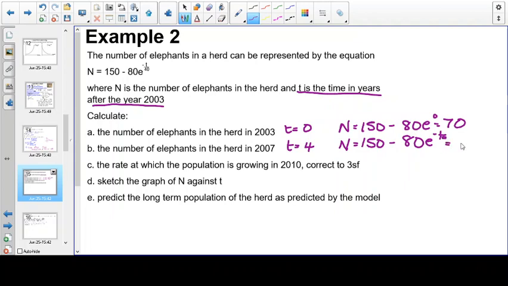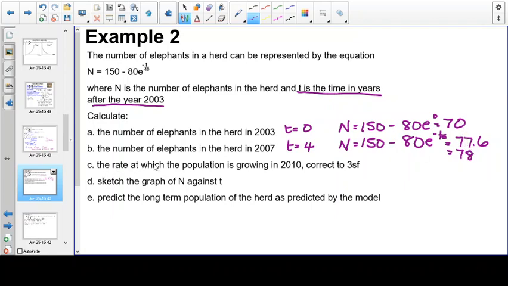So 150 minus 80 e to the minus 1/10. So that is 77.6 or 78 elephants. So you can see that the number of elephants is increasing.